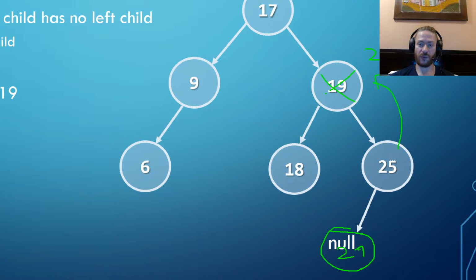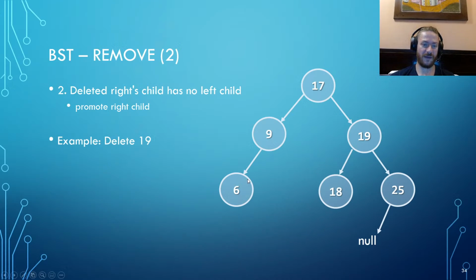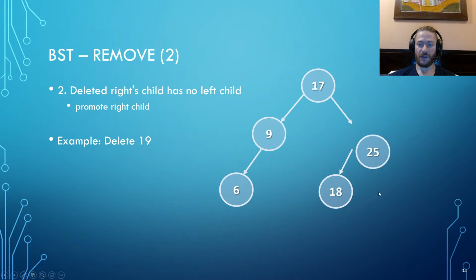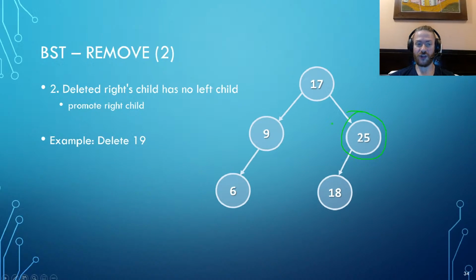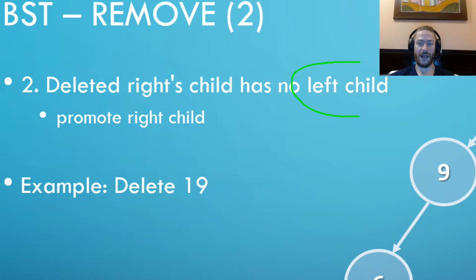What will happen with 21? Because we need to have 18 and 21 on the left side of this node, which will not be possible because we are going to break the binary tree definition. So we can promote it only if the right child doesn't have a left.